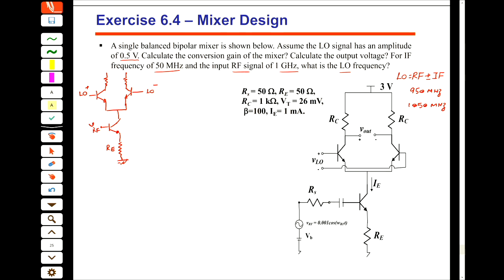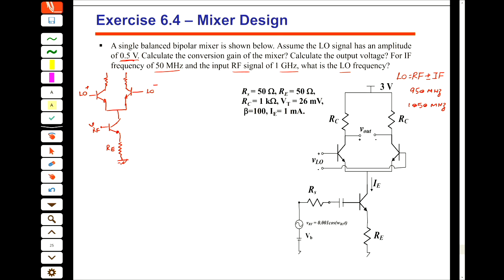Assume that we apply a VRF here at the base of the transconductor, and then we have two switches with the LO, and the signal of the LO is this value. Okay, see what will happen.